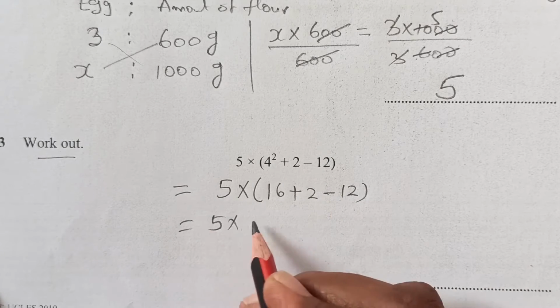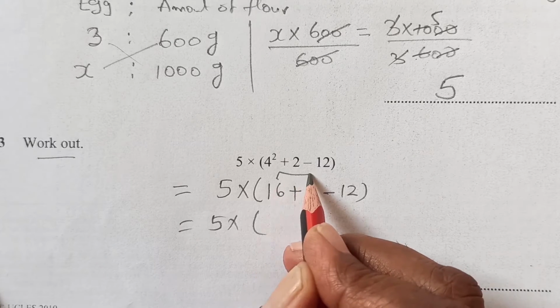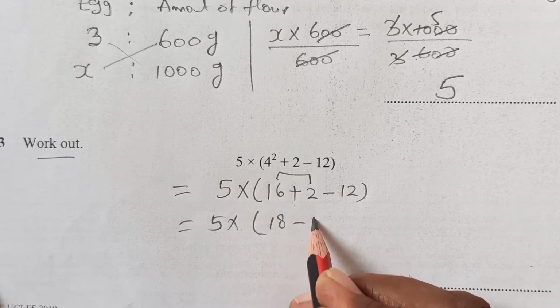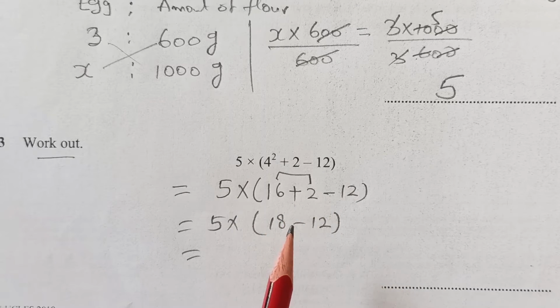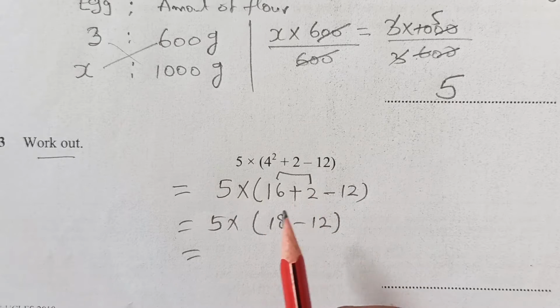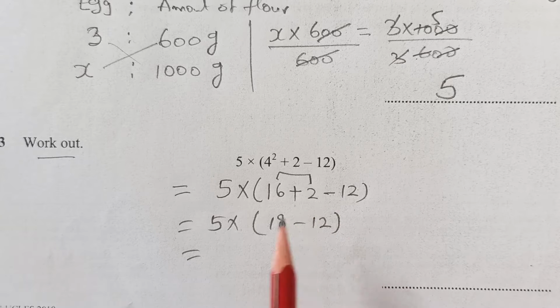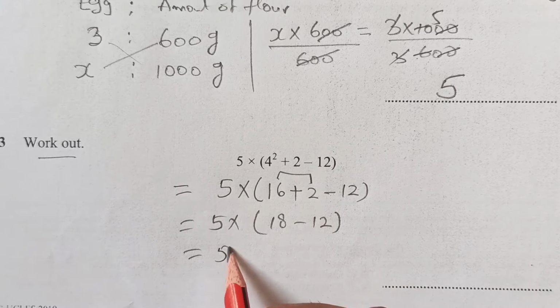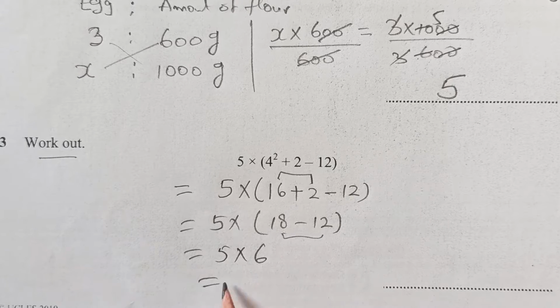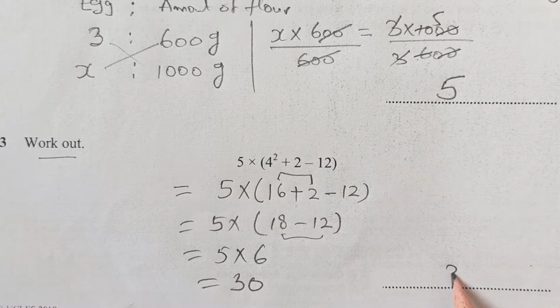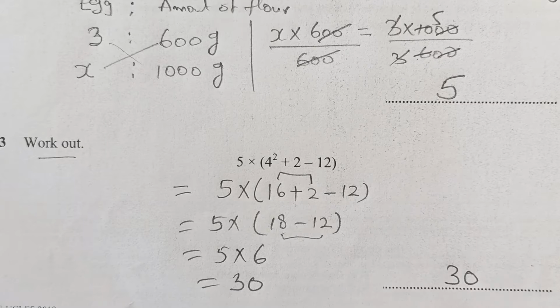Then 5 times, solving brackets, 16 plus 2 is 18, minus 12. So don't disturb other numbers. Whatever you are doing, just try to focus on that. So 5 as it is times 18 minus 12 is 6. So 5 times 6 is 30. So the answer is 30.